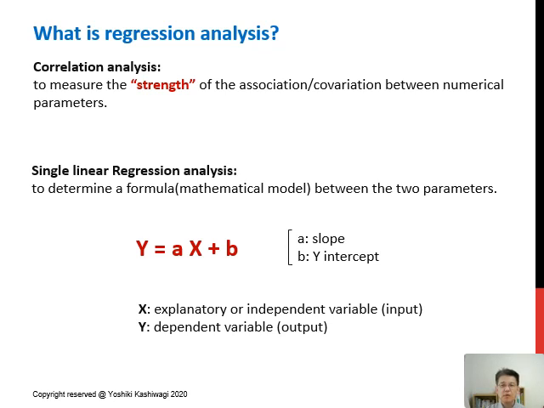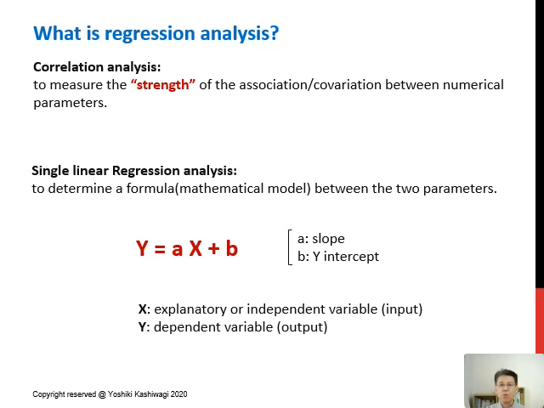Once you do regression analysis, you can determine a formula, or you can say a mathematical model, between the two parameters. As an output of the regression analysis, you can get this kind of formula, y equals ax plus b.